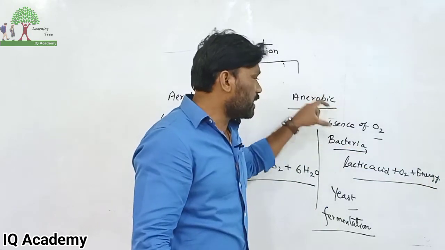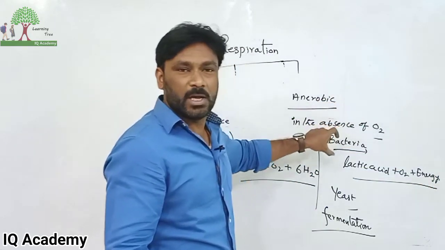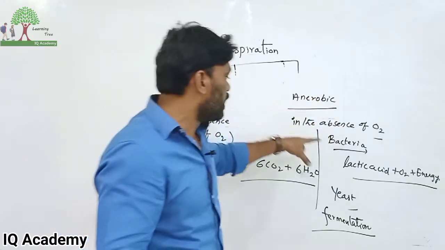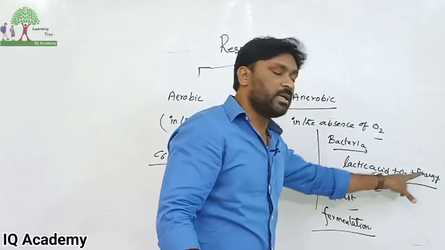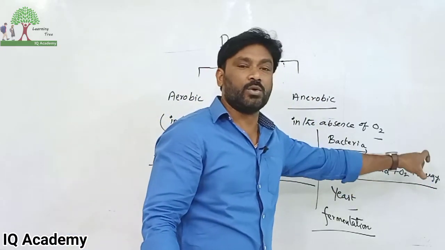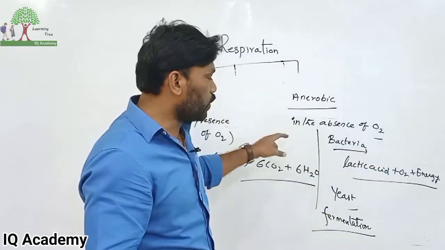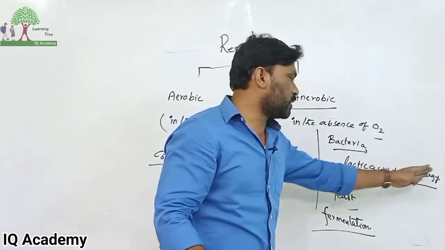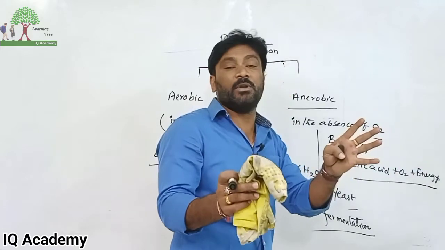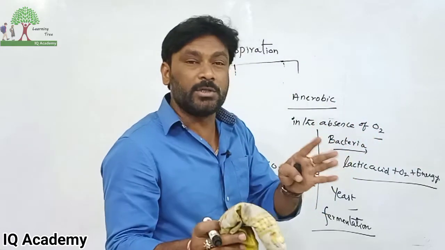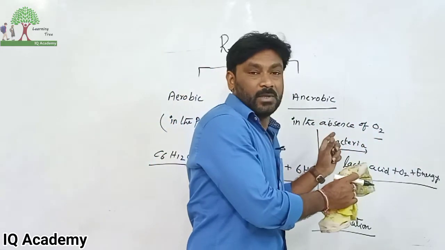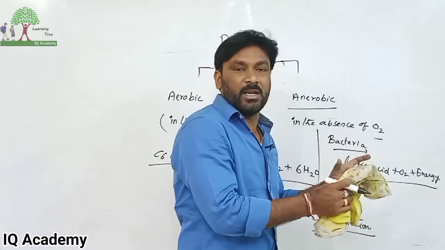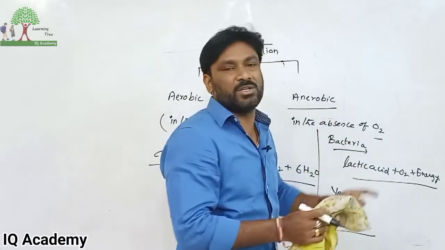So here, in the absence of oxygen, bacteria undergo anaerobic respiration. Lactic acid, oxygen, energy are produced from the glucose. Best example, we can tell about the preparation of curd. How the curd is prepared in our houses by the anaerobic respiration only.